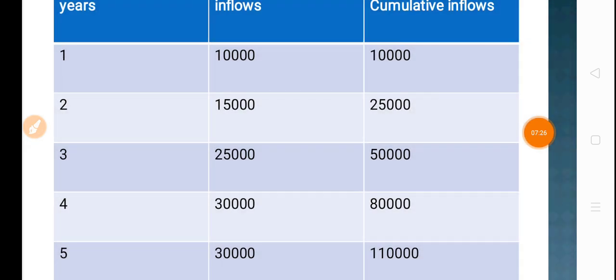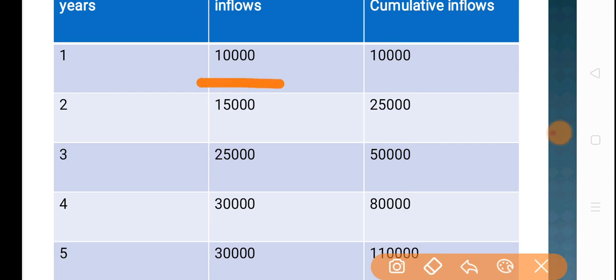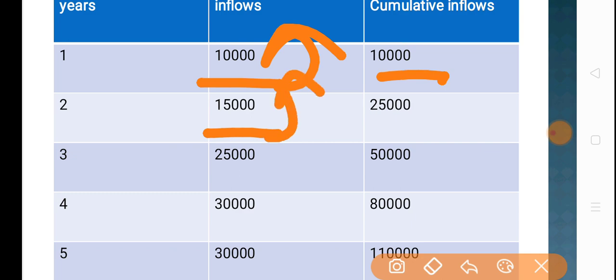There is no preceding inflow, so we can write it in the cumulative inflows column also. Then when we go to the second year, they have 15,000 inflows. We want to add this with the previous year's inflows.